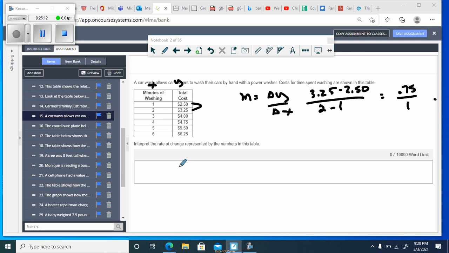Cost goes up 75 cents per minute of washing, right? Cost increases by 75 cents, okay? And that's your change in y per minute, okay? There you go.